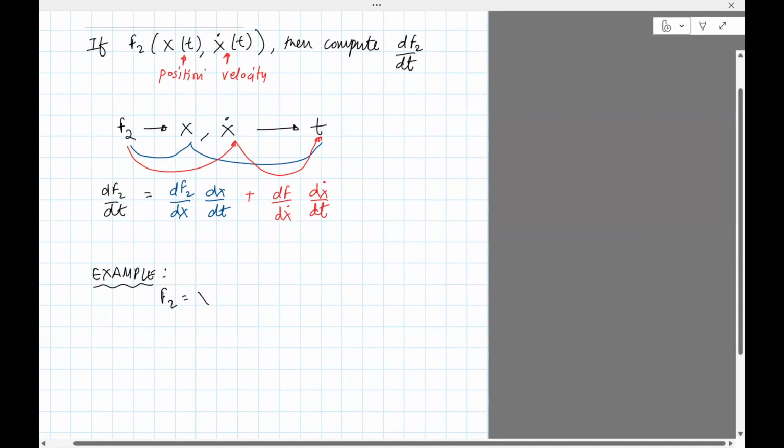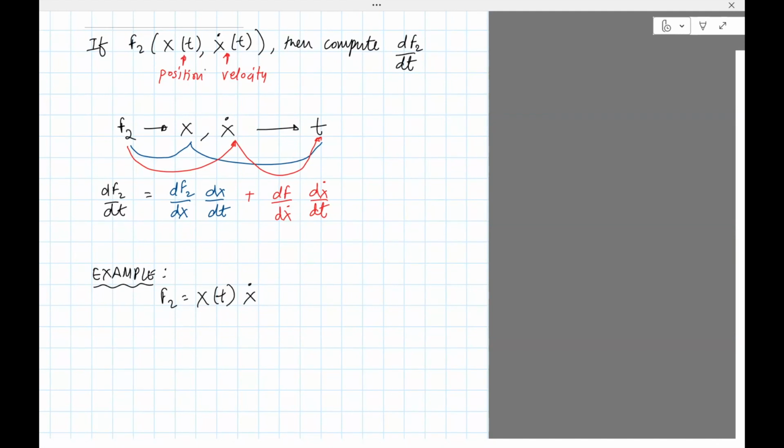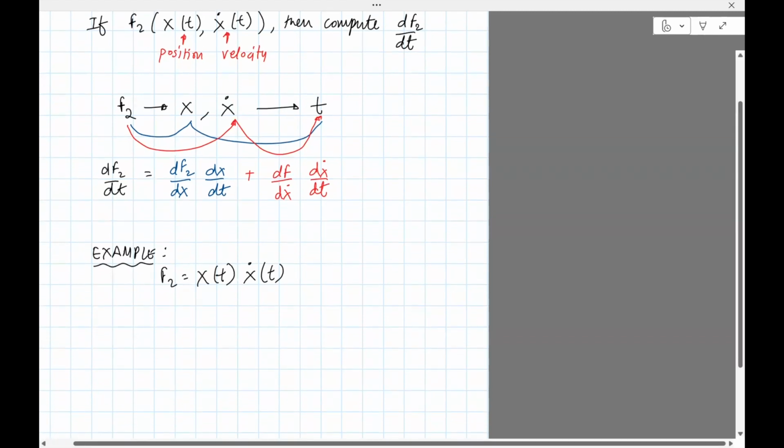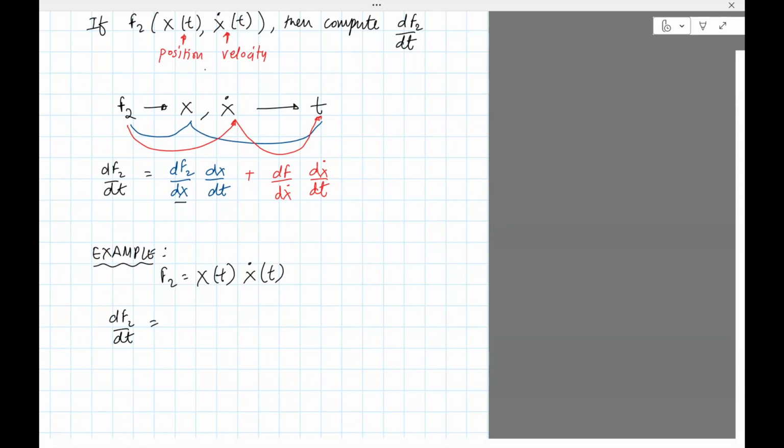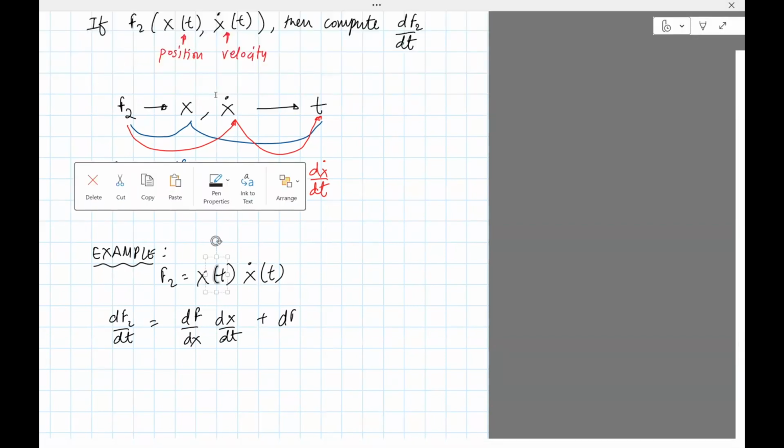F2 is x of t times x dot of t. So position times velocity. So df2 dt is, let's do the first part. Yeah, I just want to write the whole thing down first before I start doing the calculation.